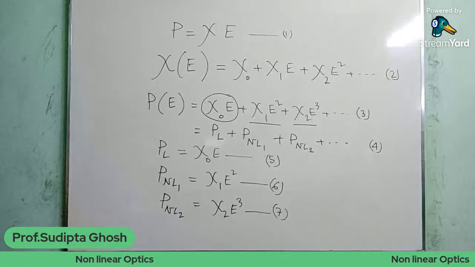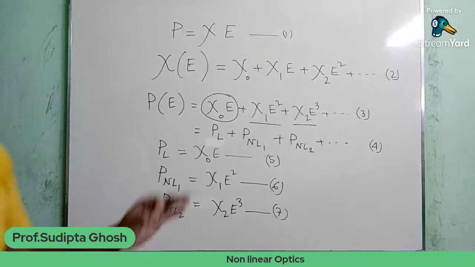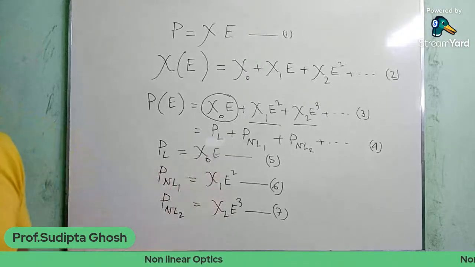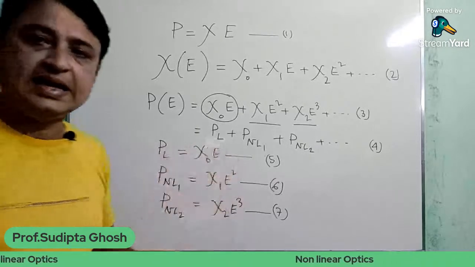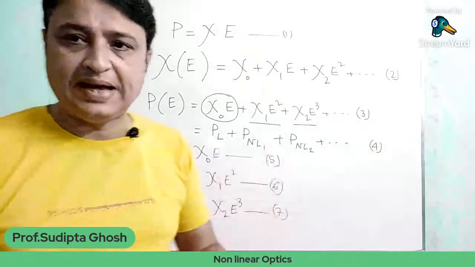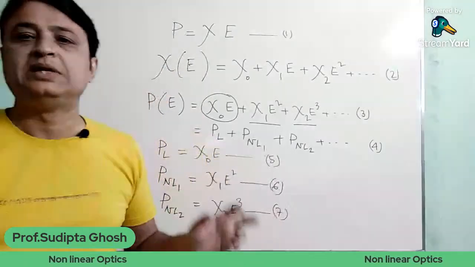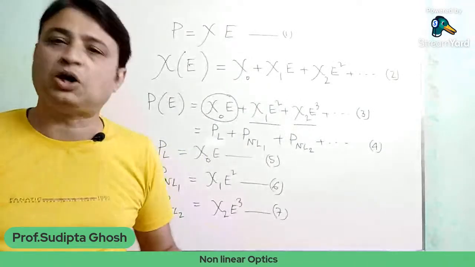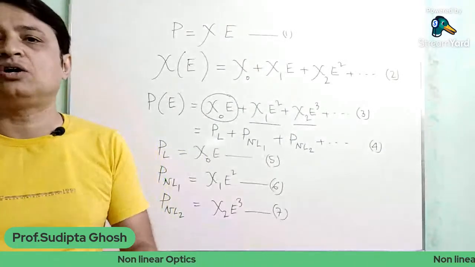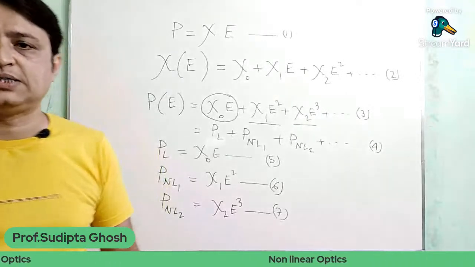So therefore, for our study for such materials, capital P or dielectric polarization can be written as only the linear polarization term, that is PL, plus the first order nonlinear term, that is PNL1. So now we are not bothered about the second order nonlinear term PNL2. Is it right? Is it okay?